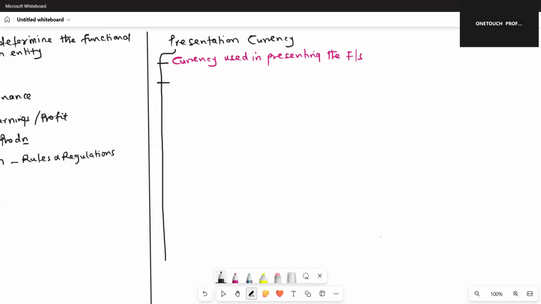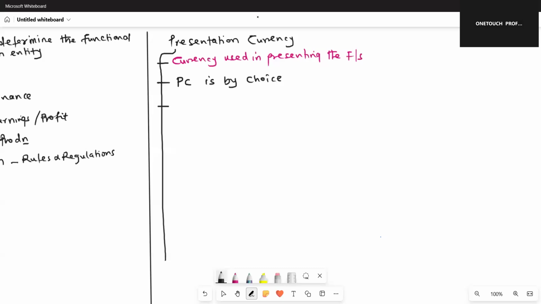Unlike the functional currency, it is not determined by any factor. It is determined by the entity itself. So it is by choice. Presentation currency is by what? It is by choice. Because it's by choice, the entity can choose to change it at any time. But the reason for the change must be what?